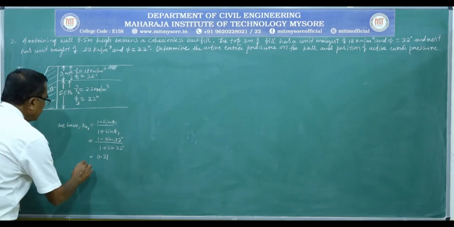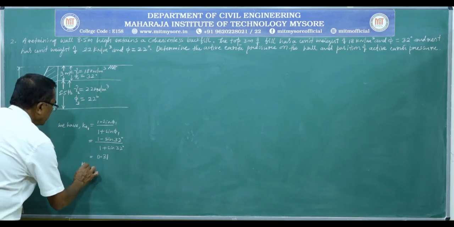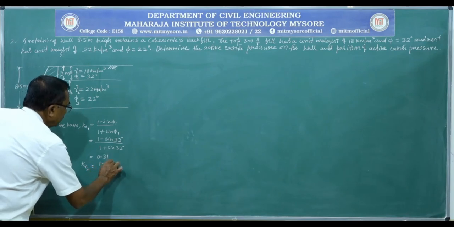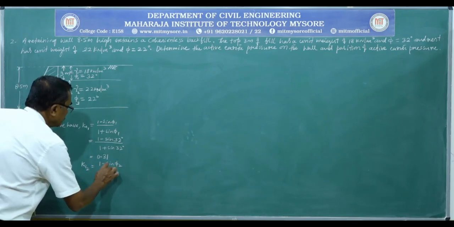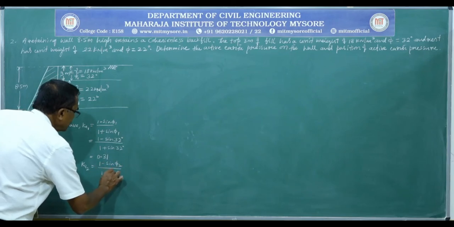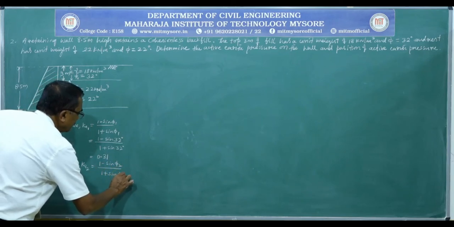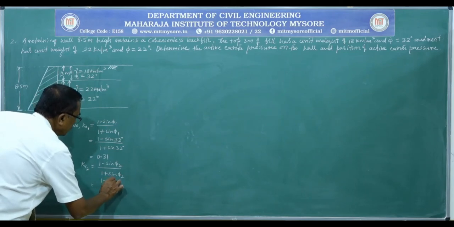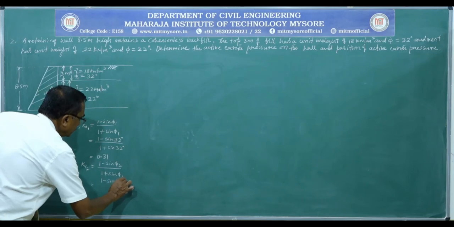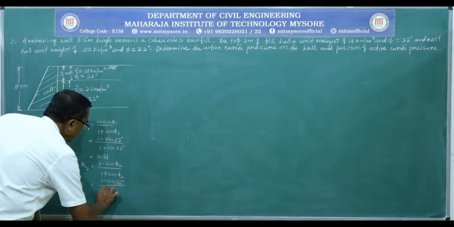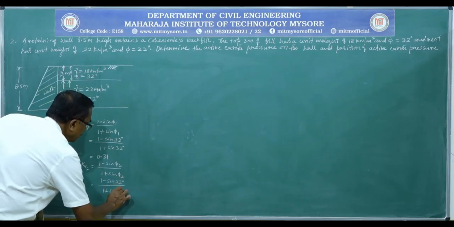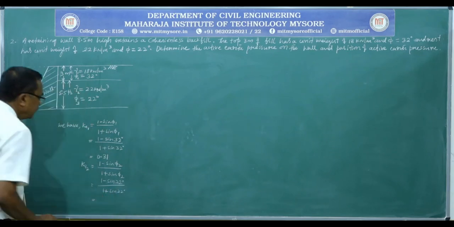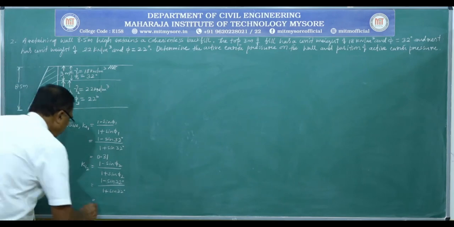And coefficient of active earth pressure for the bottom layer Ka2 is equal to 1 minus sin phi 2 divided by 1 plus sin phi 2, that is equal to 1 minus sin of 22 degree divided by 1 plus sin of 22 degree. Solving this, you will get 0.45.